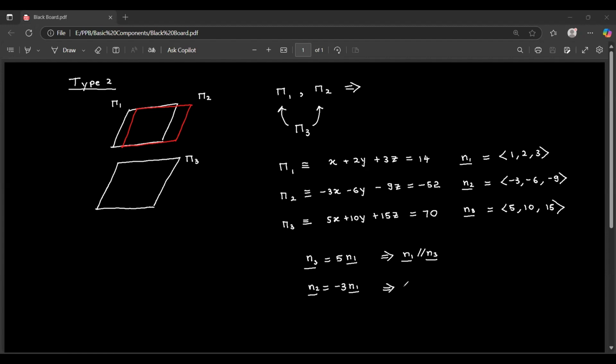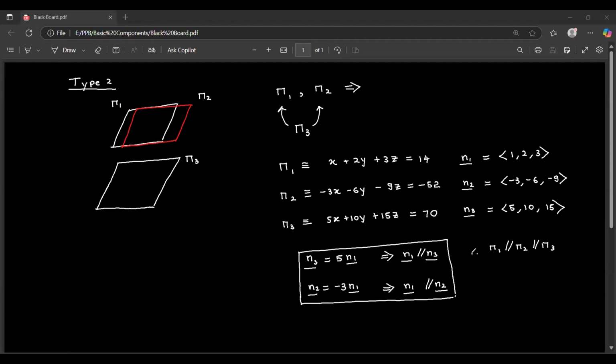At the same time, N1 and N2 are parallel to each other, which means they are all parallel to each other. So this implies phi 1 is parallel to phi 2 is parallel to phi 3. This is proven by using these specific data.